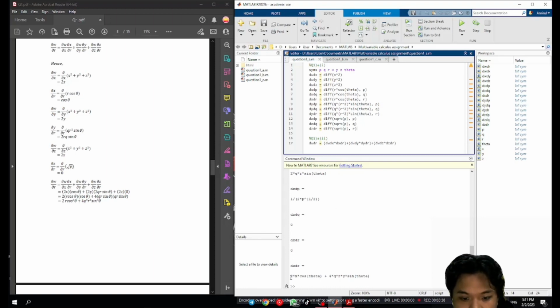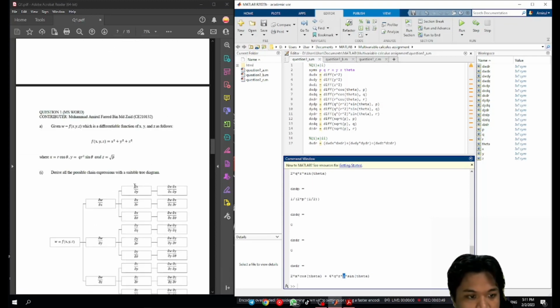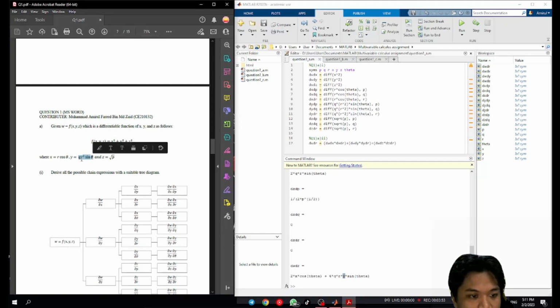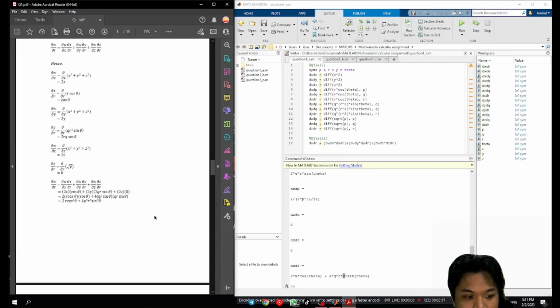So 2x cos theta, 4qry sin theta. There is y here, but y is equal to q r square sin theta. When you substitute y with q r square sin theta, we'll get 4q square r cube sin square theta.